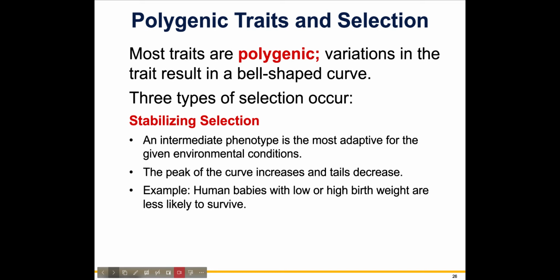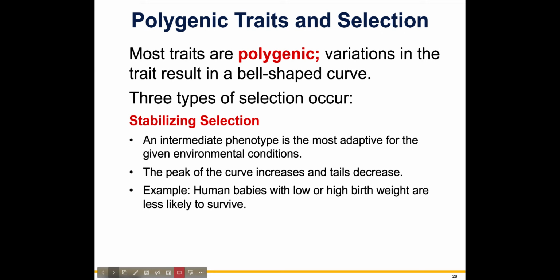When babies are born, they're all about 7 pounds. Babies historically that were born at 3 or 4 pounds did not survive. Babies that were 10, 11, 12 pounds historically did not survive. But if you were a 7 pound baby, you were big enough to survive in the world, easy enough to be birthed. That was that stabilizing selection.